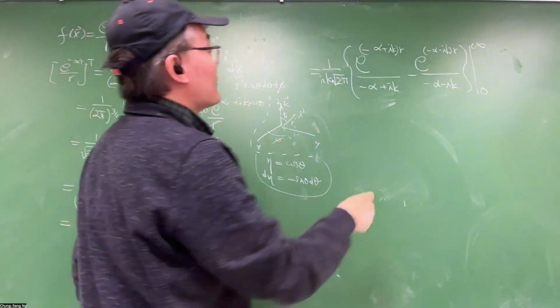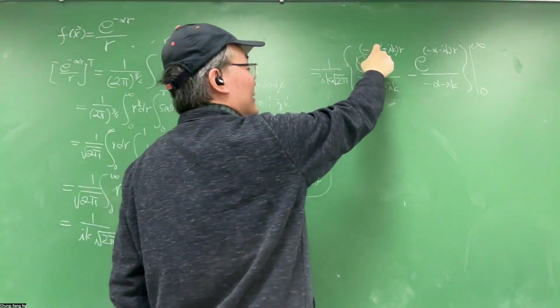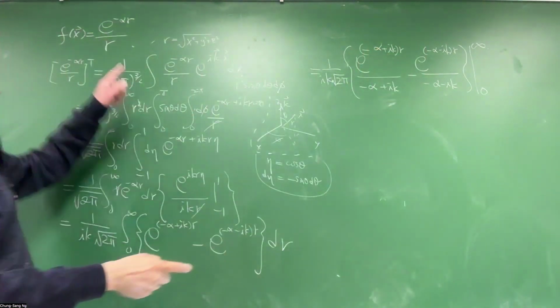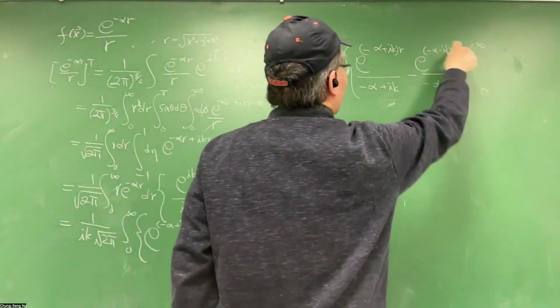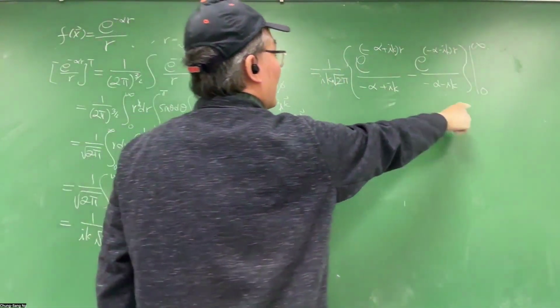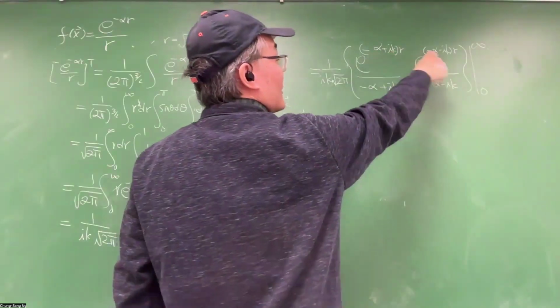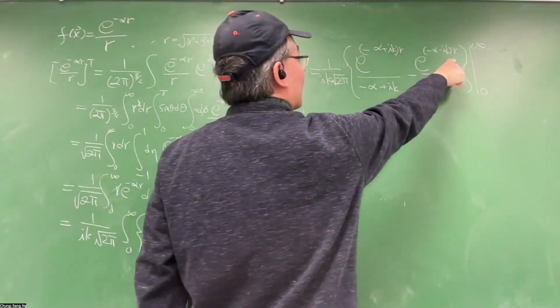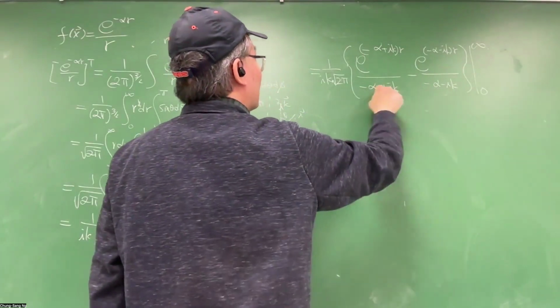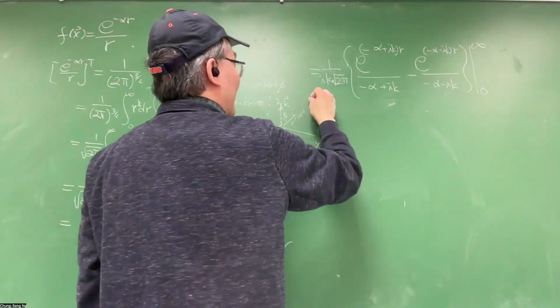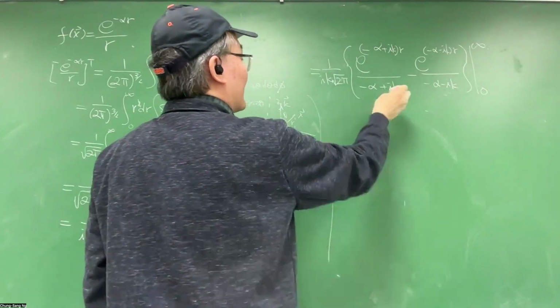At infinity it's trivial because you have the minus alpha. Alpha is assumed to be positive, otherwise this is divergent. So the upper limits are all 0. The lower limit is just 1: both terms are 1 because substituting r equals 0, both are 1. And there's a negative sign.